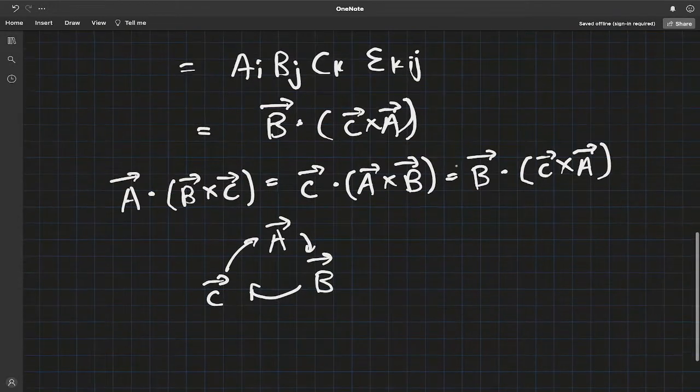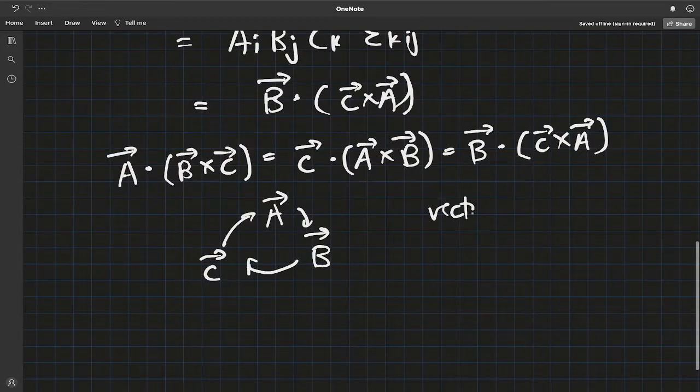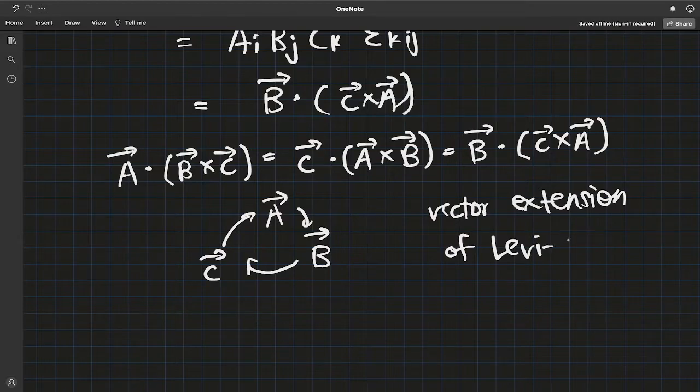So this is like a vector extension of the Levi-Civita symbol. For the Levi-Civita, we saw whether the indices were in a certain cyclical order. Here we're seeing whether the vectors are in that order.